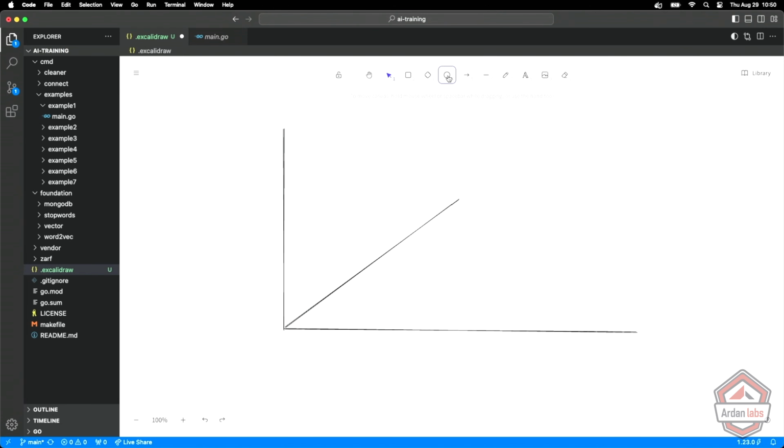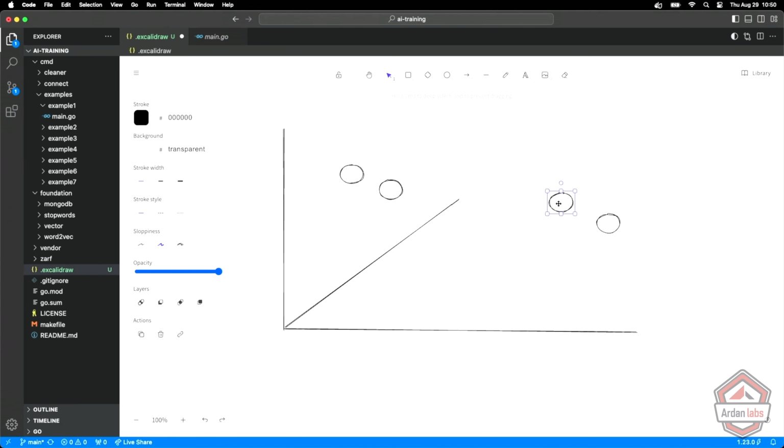And the idea is that we generate some sort of vector of that given piece of data, and we're able to plot it in this space.